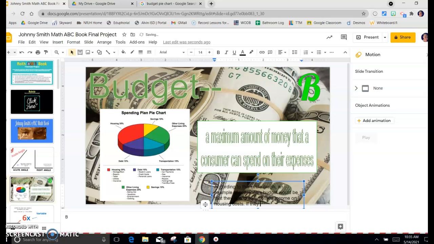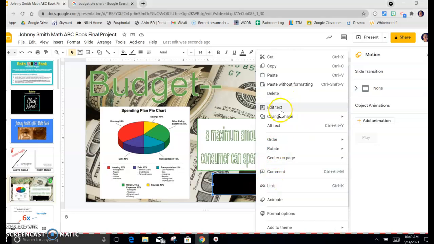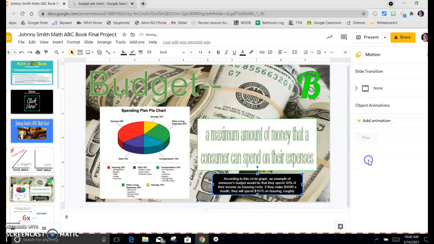If they make, hold on. Okay, I got it together. So this example is a little bit more of a detailed example. I want to send this to the back. There we go. If they make $4,500 a month, they will spend $1,575 on housing, roughly. Okay, so that's an example of an example.